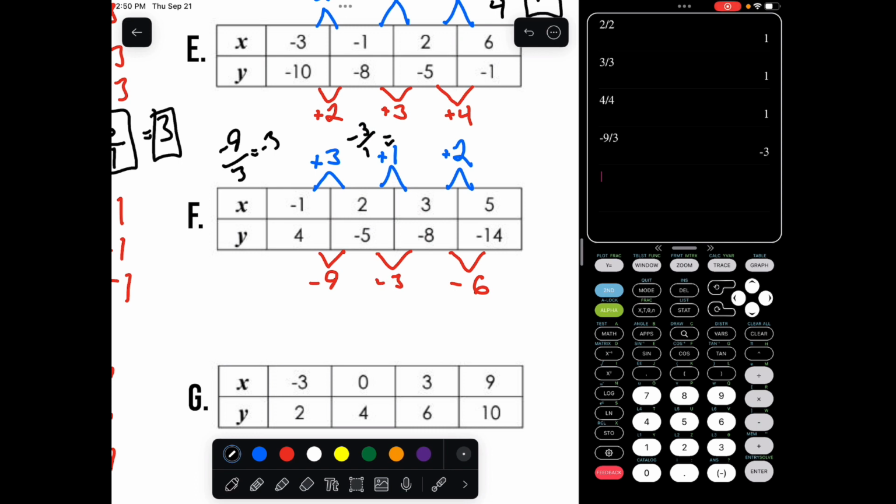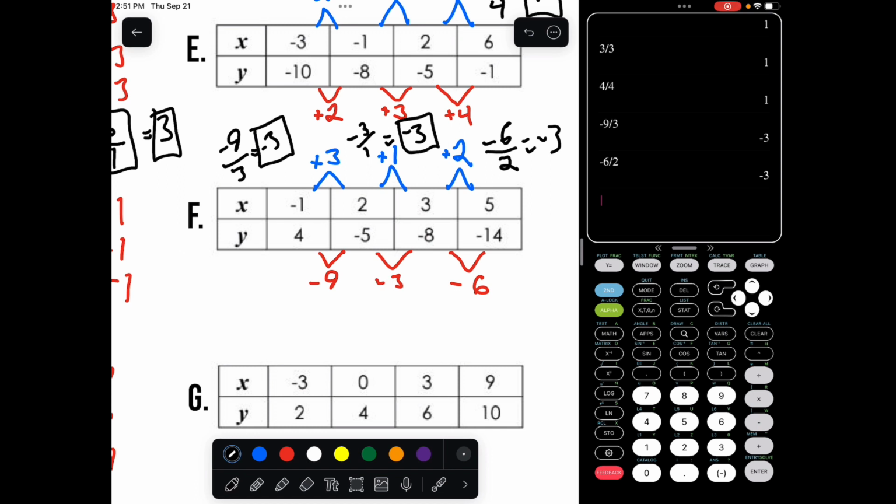That also equals negative 3. Negative 6 over 2, also negative 3. And if you're not sure, do it in your calculator. Negative 6 divided by 2 is negative 3. And so our slopes are all the same. They are all negative 3.